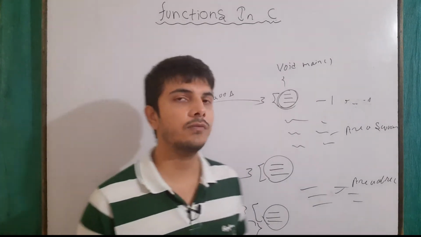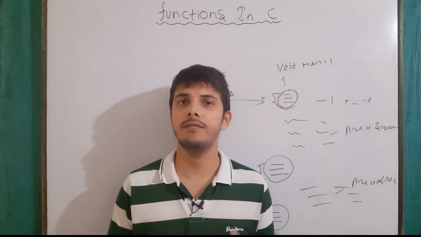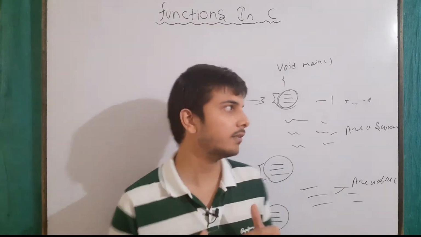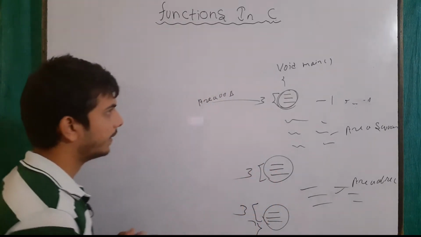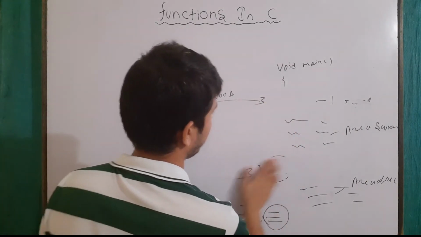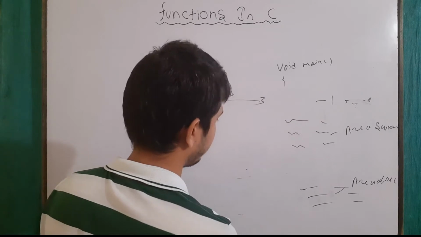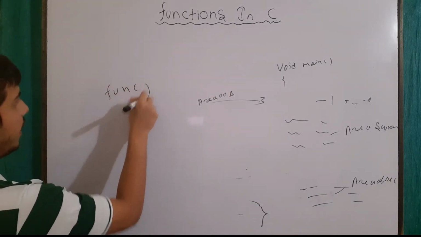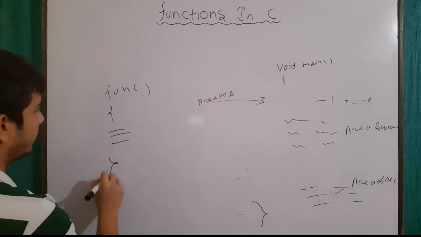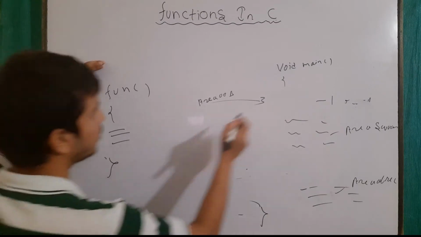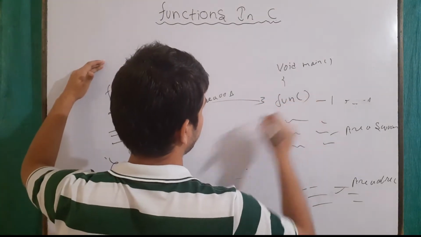A better approach when we use programming is that we should always divide our program into smaller units. That is where the function comes in handy. Now what will I do? Instead of writing these lines 3 times, I will write a function with all these lines in it, and whenever I want this functionality I will call this function.